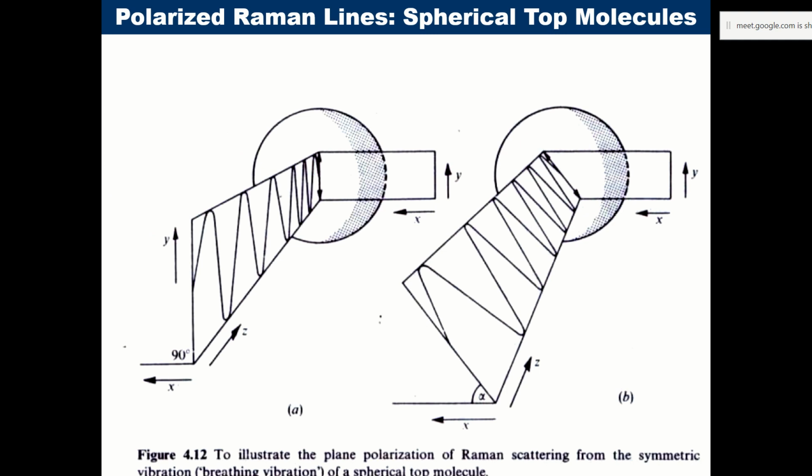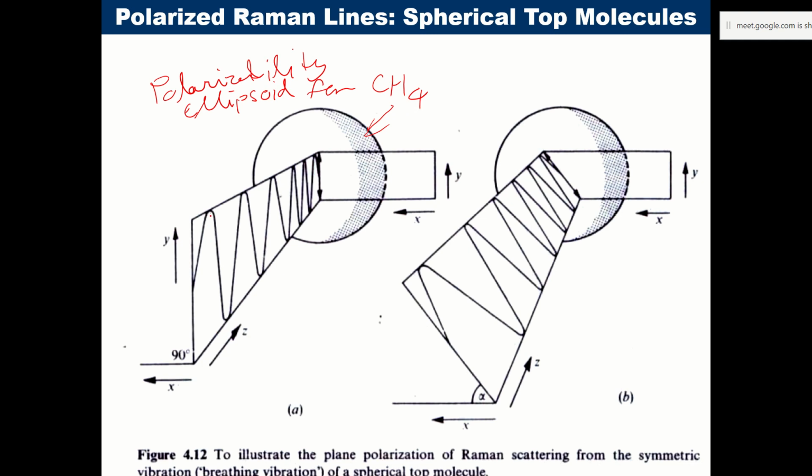So let us visualize this. This is the polarizability ellipsoid for methane. So this drawing is your ellipsoid for the CH4 molecule, and there are two visualizations. So देखिए, we have the incident light, ये आपका CH4 है, and this is the incident light.